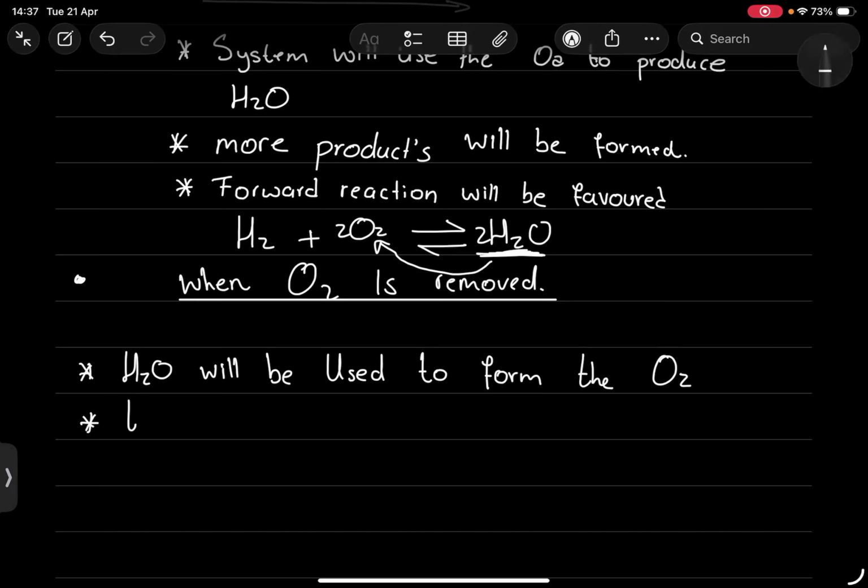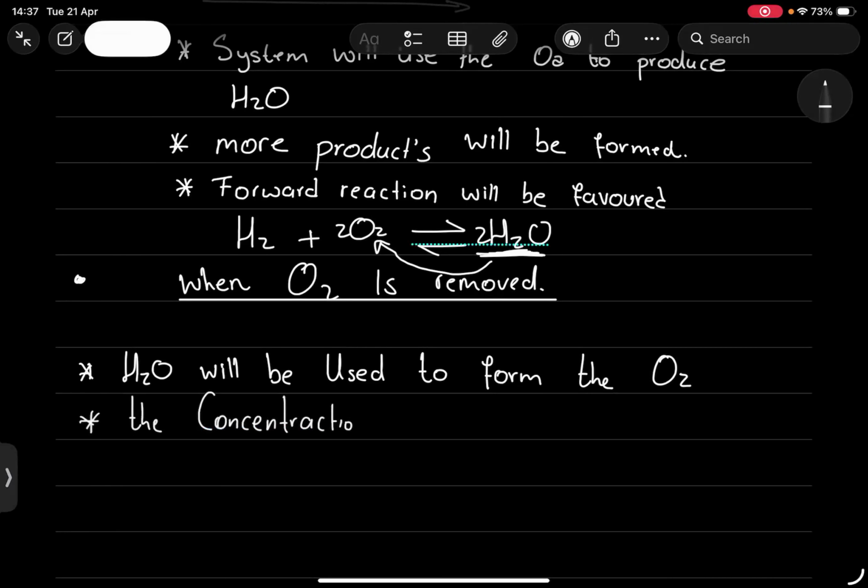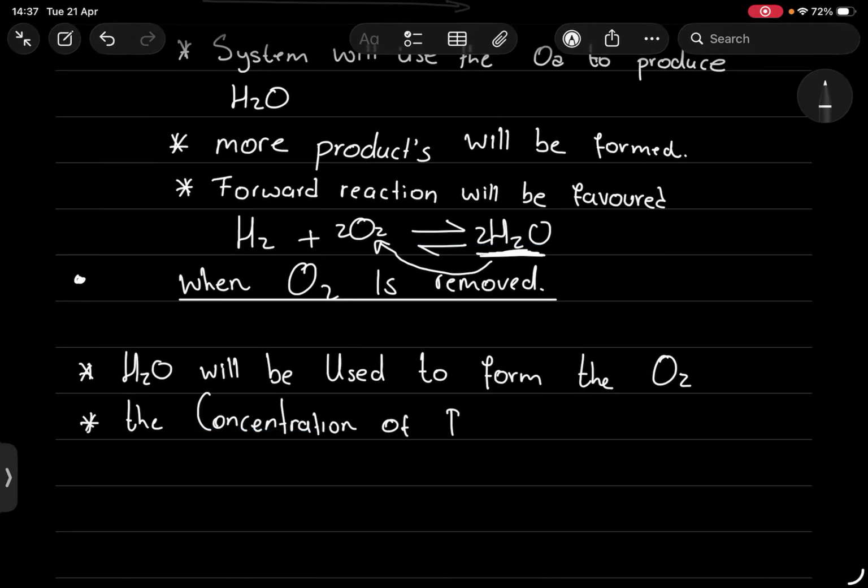So the concentration of product will decrease, right?